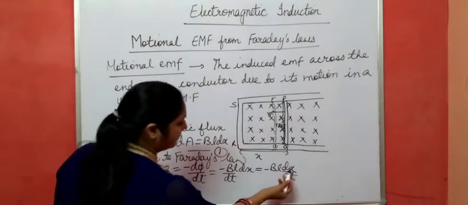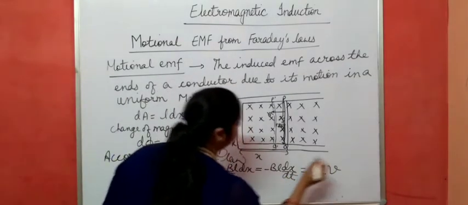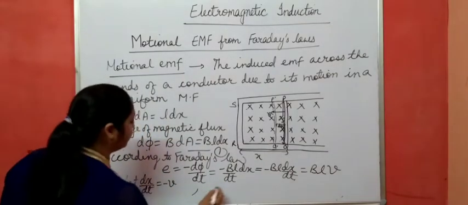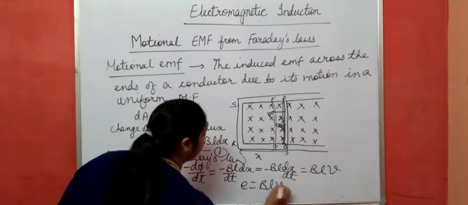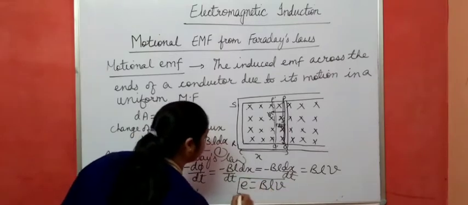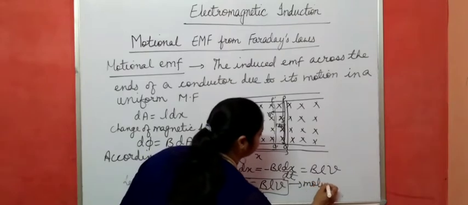Then this becomes B L v, right? So this EMF E equals B L v, and this is the expression for motional EMF.